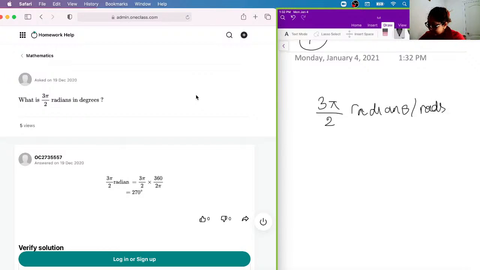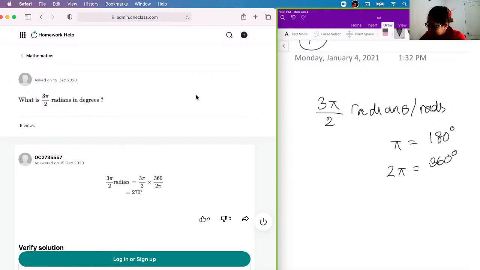In order to do this, there's a conversion factor basically. If you guys recall, pi is equal to 180 degrees, whereas 2 pi is equal to 360 degrees.